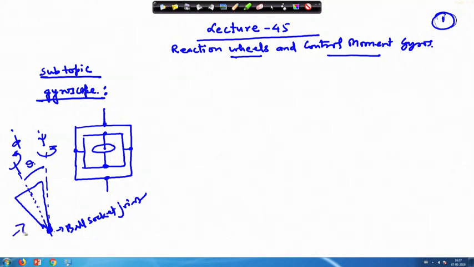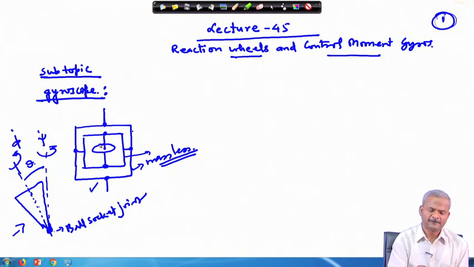To understand the behavior of this system, we were looking into this, because this system and the top do not differ much. Here, we assume these two frames to be massless, and therefore their moment of inertia is ignored and we just concentrate on this wheel.